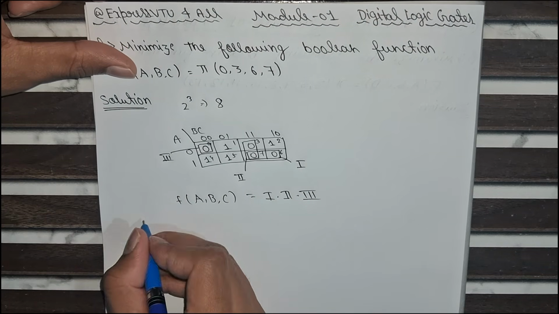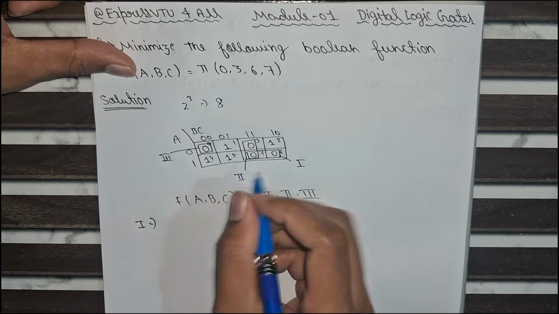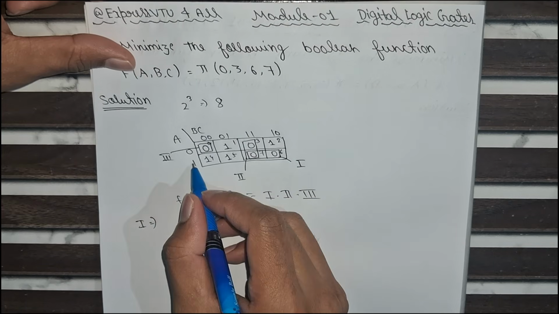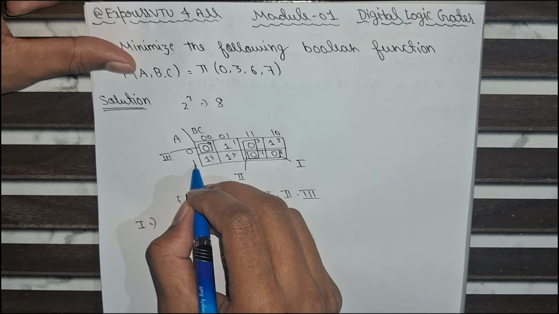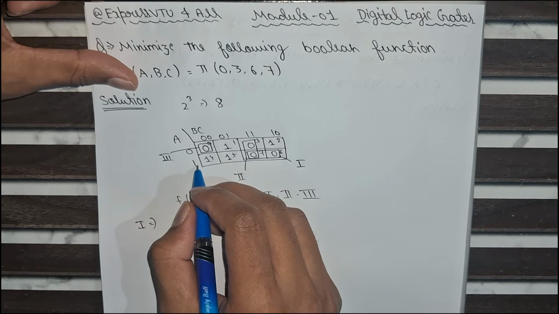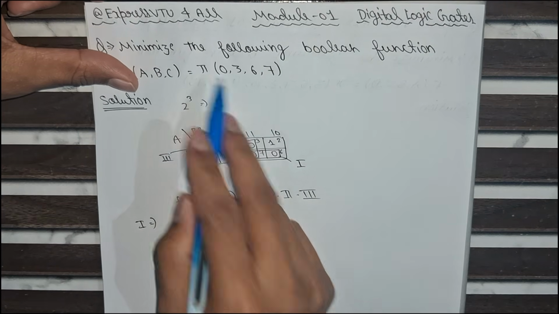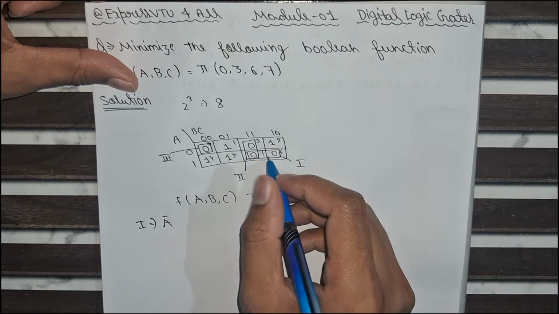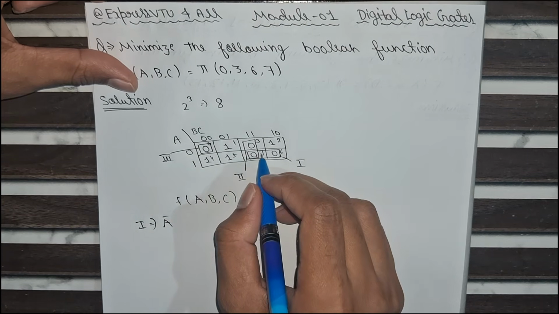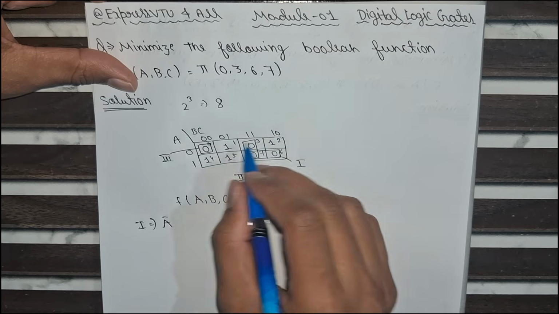So for the first group, this is our first group. For this row A is covering, A is 1, but we will mark this as A bar because we are using pi. So this will become A bar. And now we will check for BC. Here 11 and 10 it is covering.